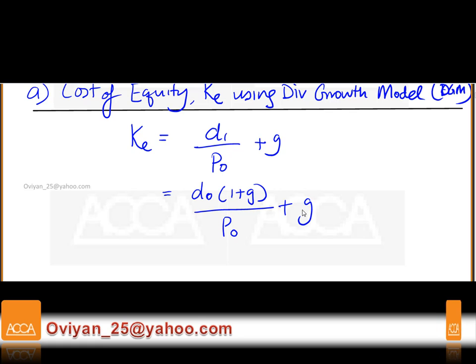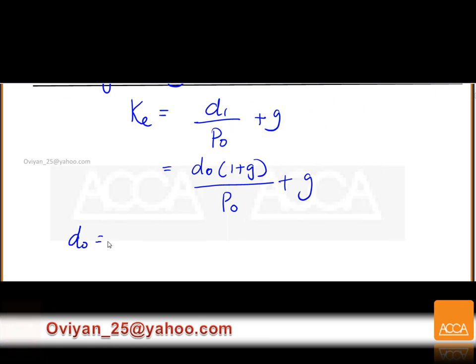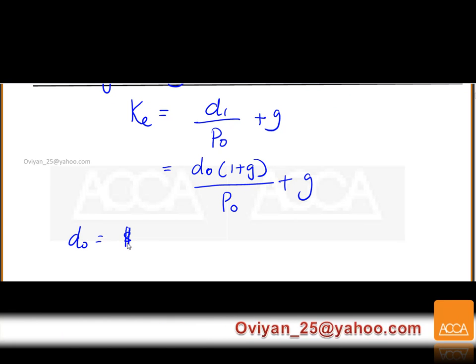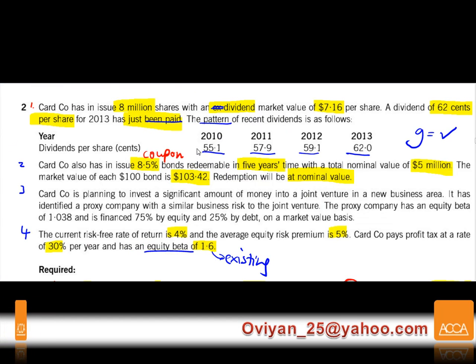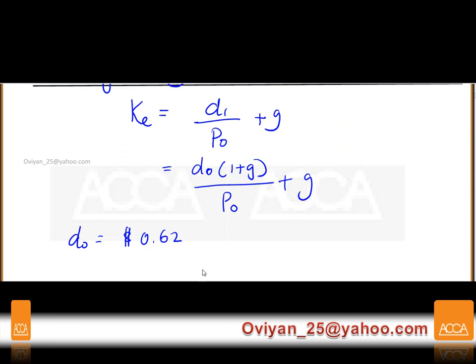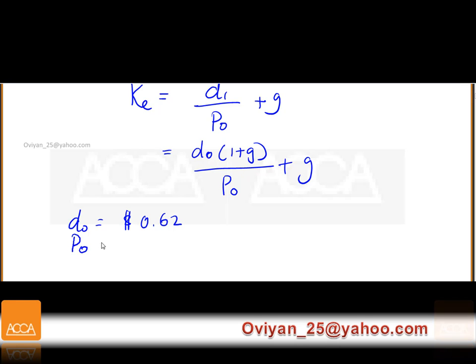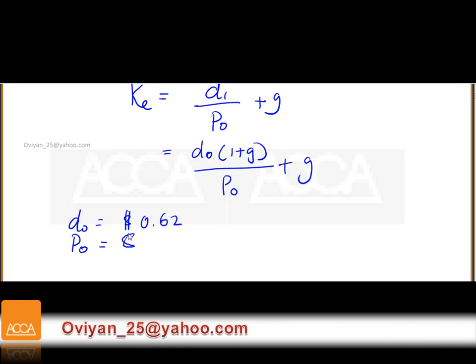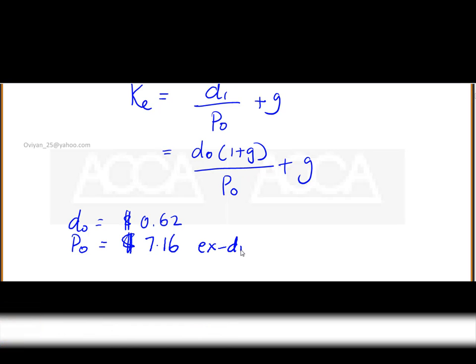D1 is simply dividend in 1 year's time. D0 is the just paid dividend or just declared dividend. In this case, it's the just paid dividend. It's given in this paragraph number 1, 62 cents. And we are told about the price of the share, which is ex dividend price. Is that okay? It has to be ex dividend price.